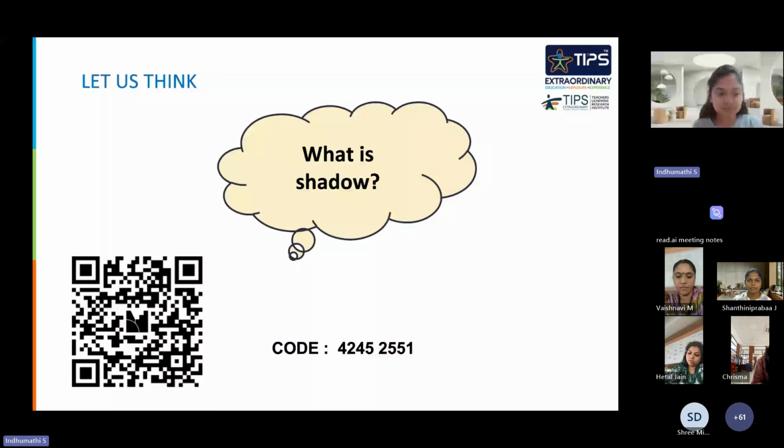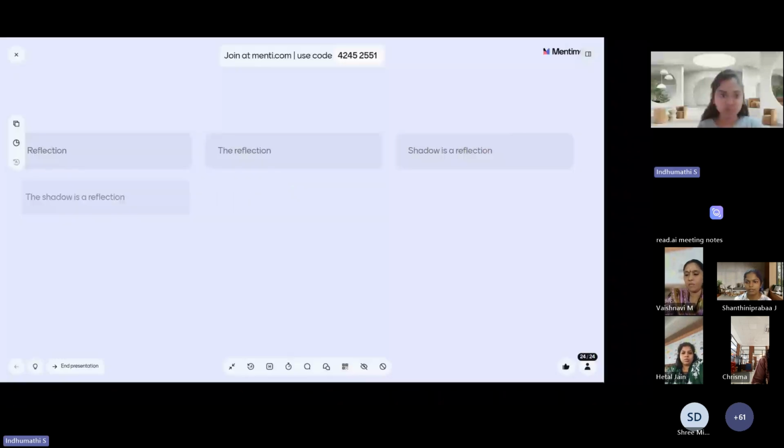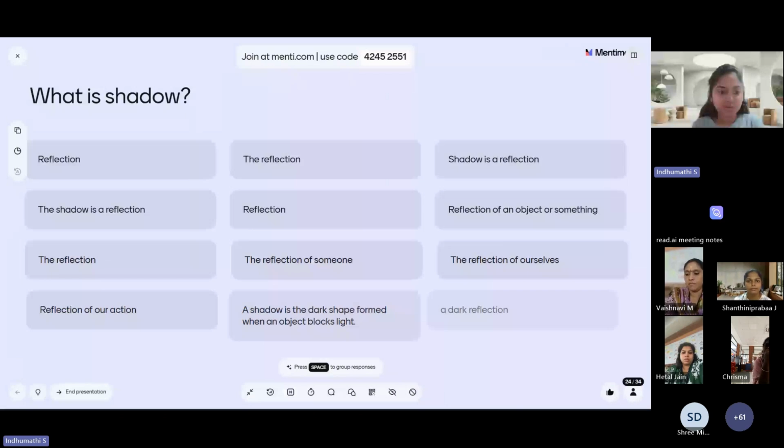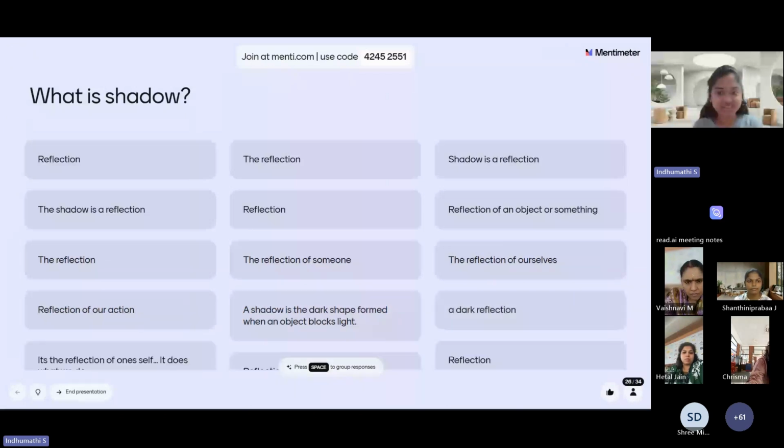Okay, thank you so much for all your responses. Now let me share the Mentimeter screen. So we can look at these responses. Reflection, reflection, shadow is a reflection of an object or something.